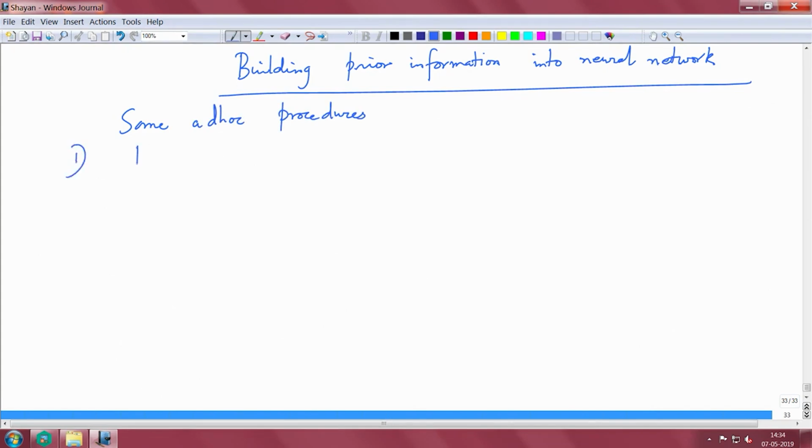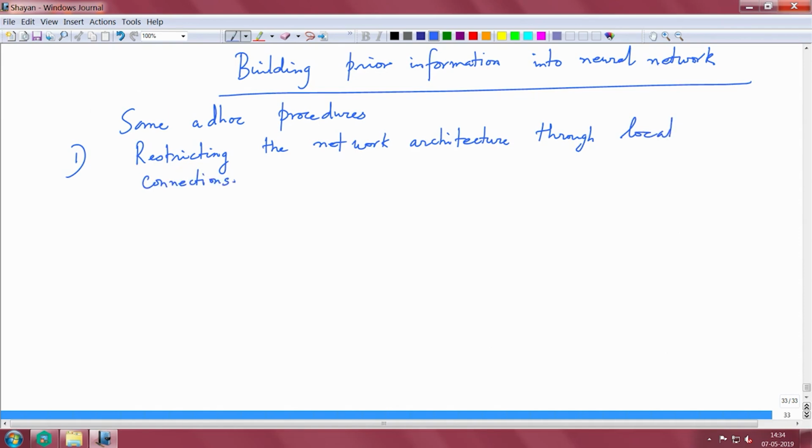One would be restricting the network architecture through local connections, right. We have certain local connections and we restrict the network architecture through local connections.